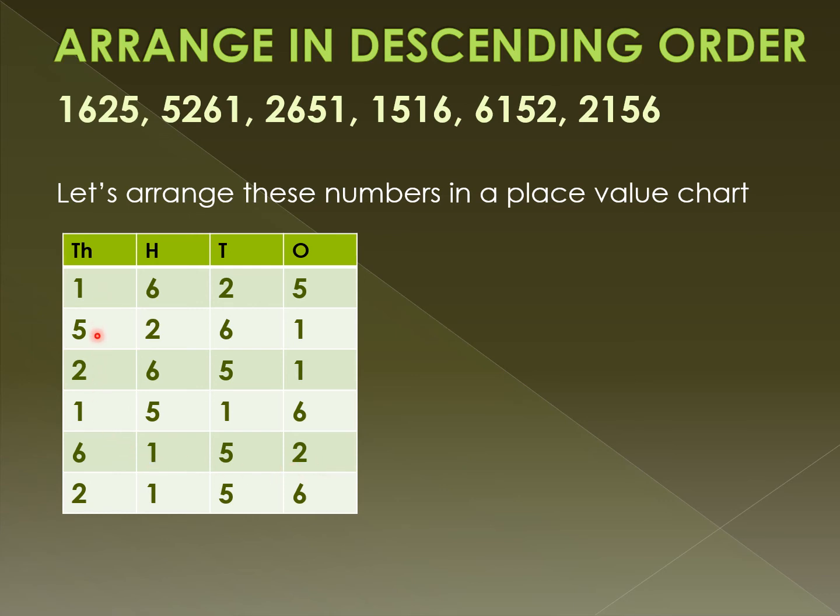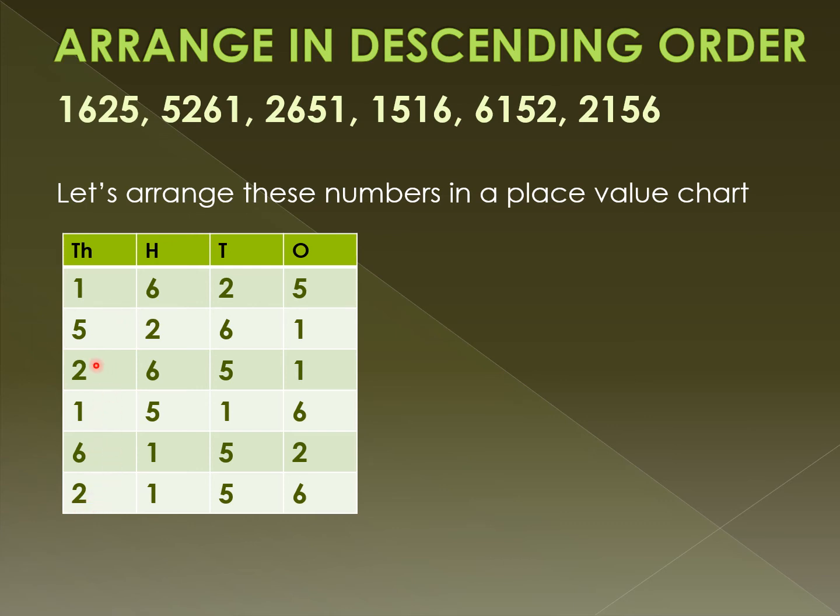We have 1, 5, 2, 1, 2 in the thousands place. So we can clearly see that after 6 we have 5. So our next number in the order will be 5261.